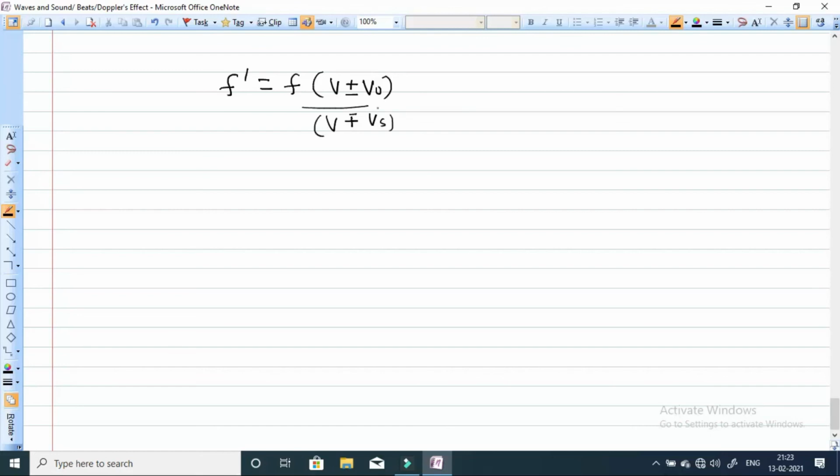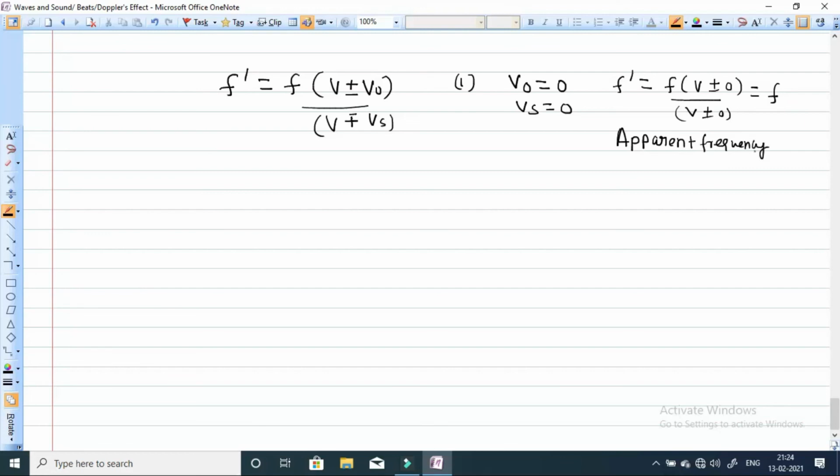When both are stationary, case number 1, observer is stationary, then v naught will be equal to 0, and the source is also stationary, so vs equals 0. Then this equation is reduced to f dash equals f into v plus minus 0 divided by v plus minus 0, which is simply f, means apparent frequency is equal to actual frequency.